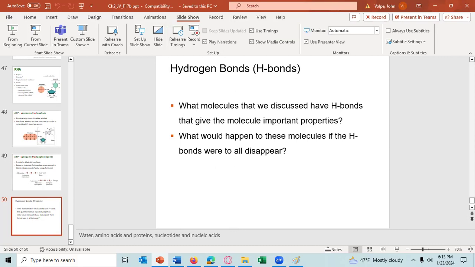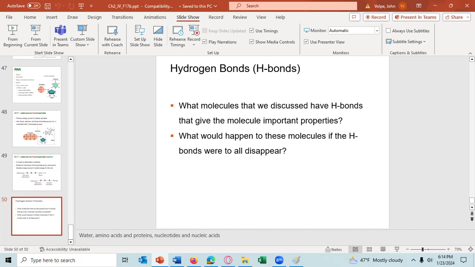Water is a molecule that has hydrogen bonds that give the water important properties. What's another molecule that we've discussed today which has hydrogen bonds? Proteins, yes. DNA, another one. And amino acids, yes.